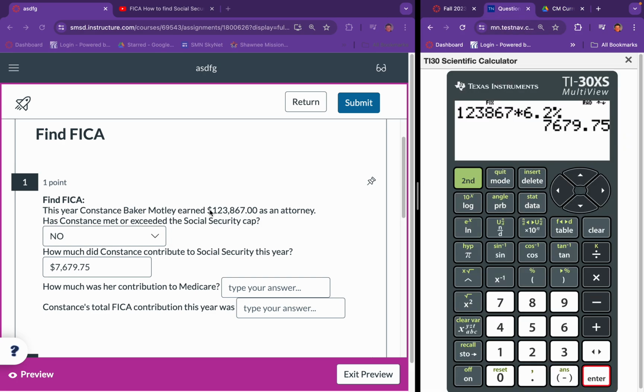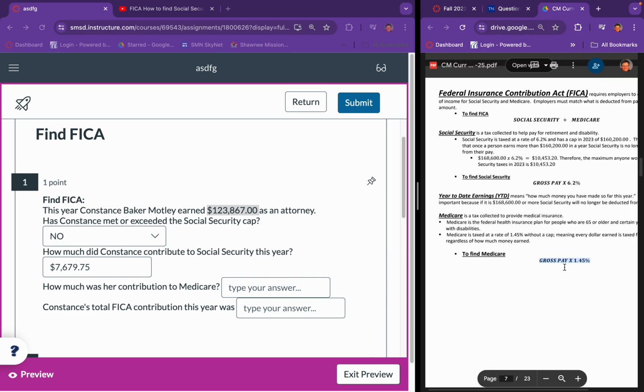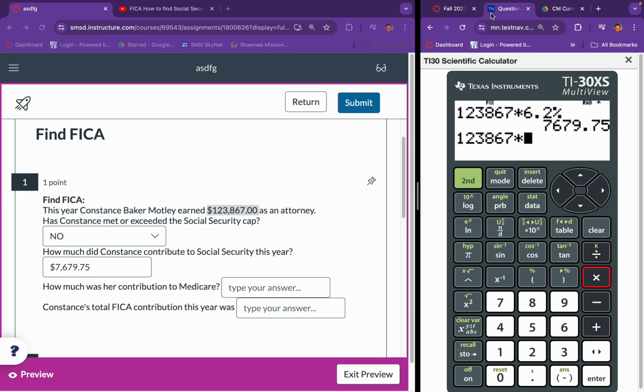So we're going to go back to this amount of money, $123,867. We're going to put it in again, but this time we're going to multiply it by the Medicare percentage, which is 1.45%.